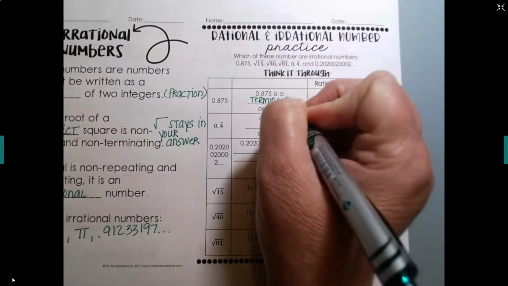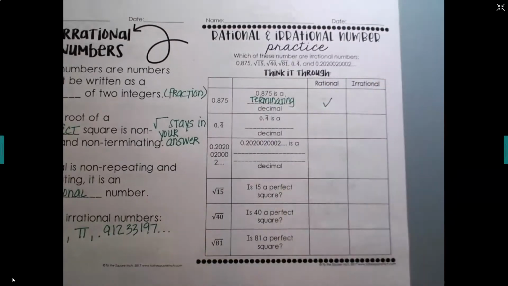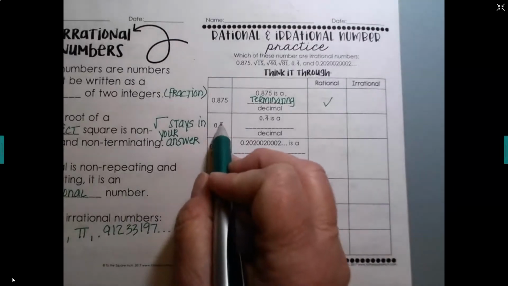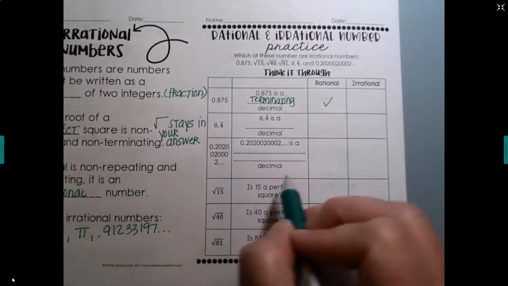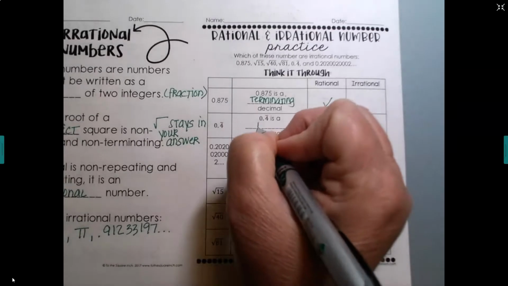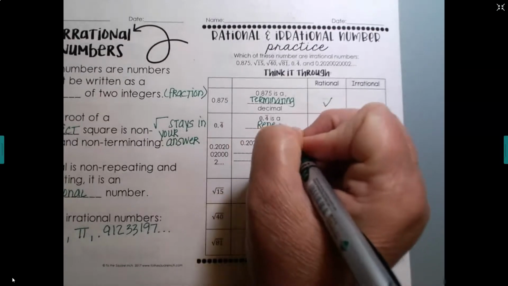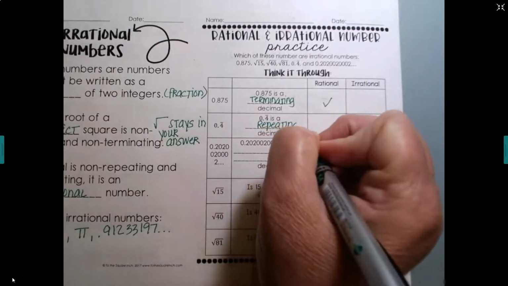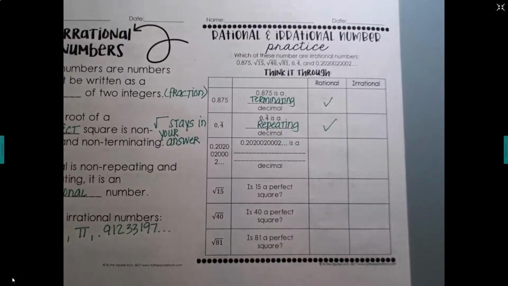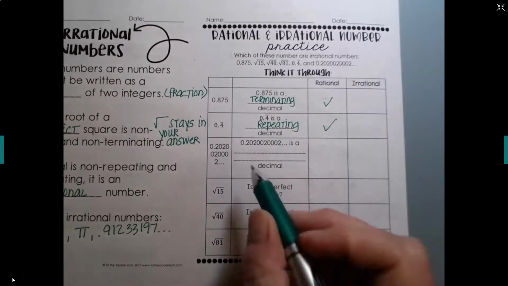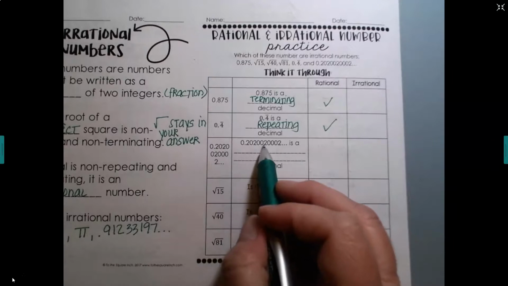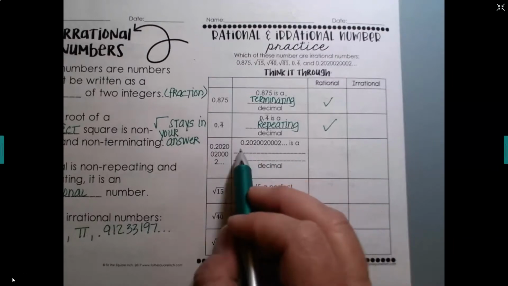And if something is a terminating decimal, then it is rational. 0.4 with a bar over. That means 0.44444. That's a repeating decimal. Repeating decimals are rational.